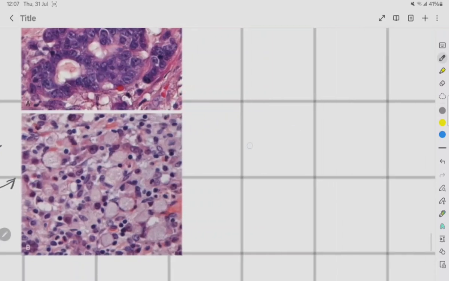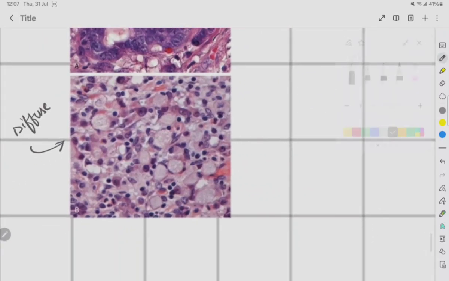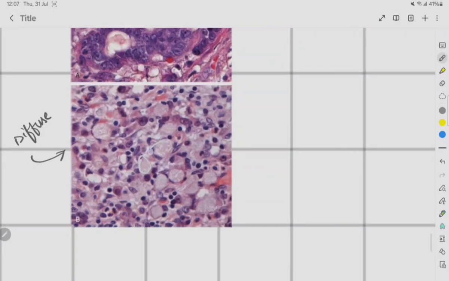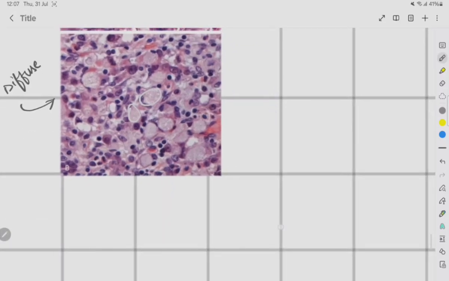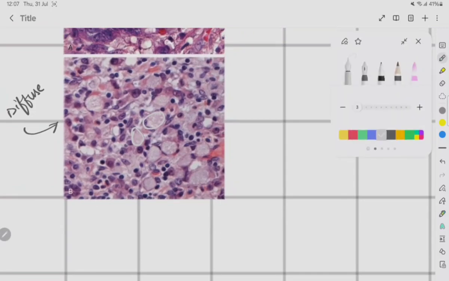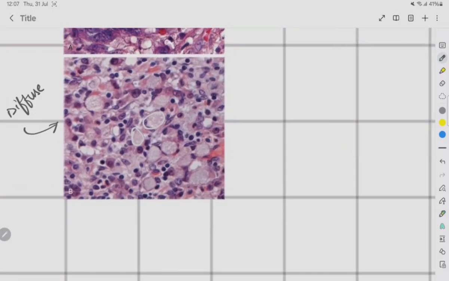I would like to again start with diffuse. You can notice a cell here, and this is another cell. These are called signet cells, signet ring cell.